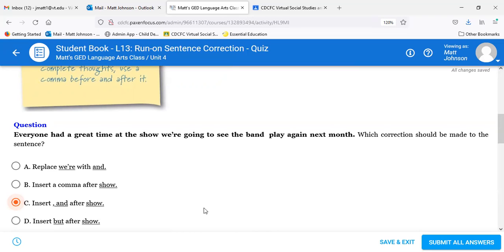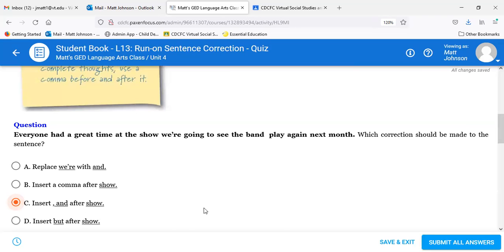So what we need to do is figure out what punctuation, what type of connecting word that we need. In this case, we separate the ideas. Everyone had a great time at the show, comma, and we're going to see the band play again next month. Separating our ideas, helping the reader navigate that sentence.